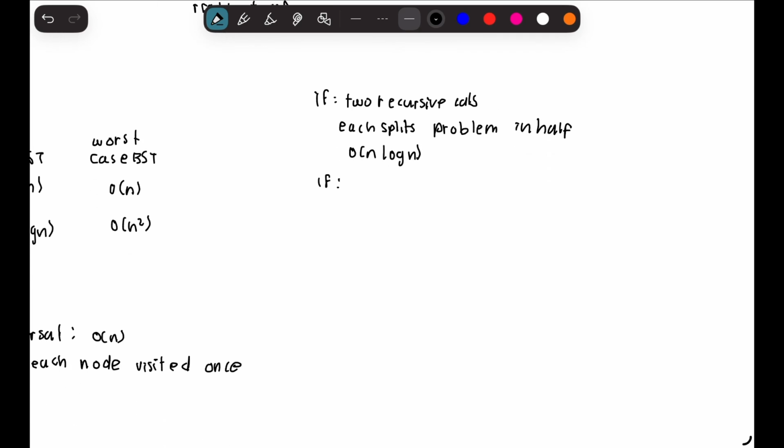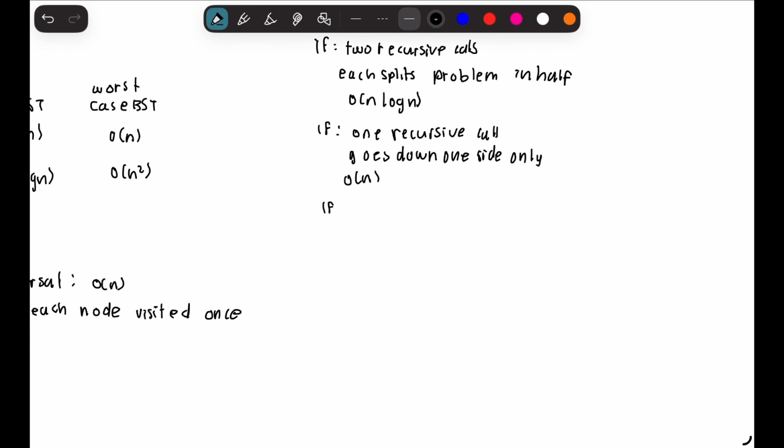Now, if you have one recursive call that goes down one side only, that's O(n). If you have nested loops over n, that's O(n squared).